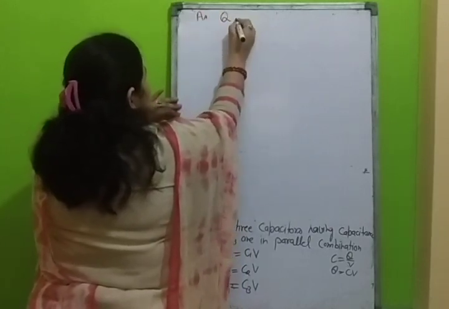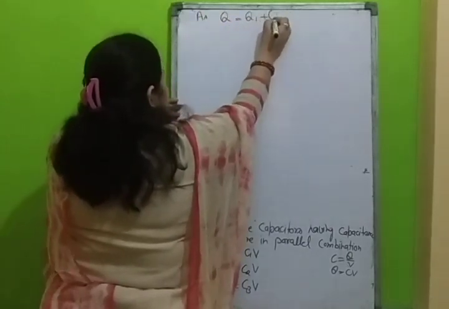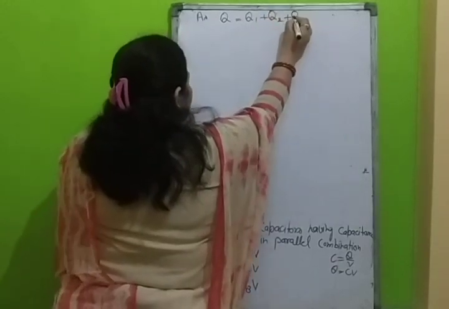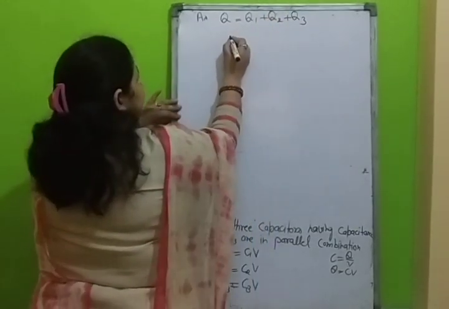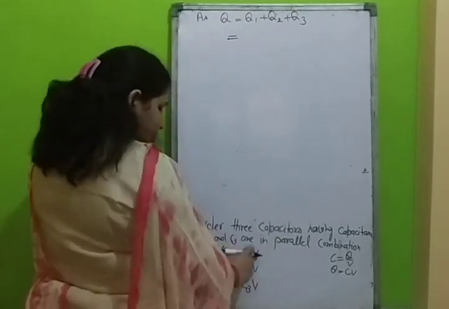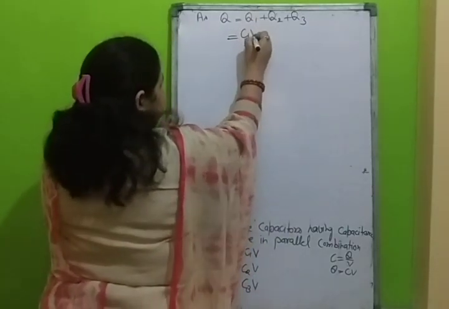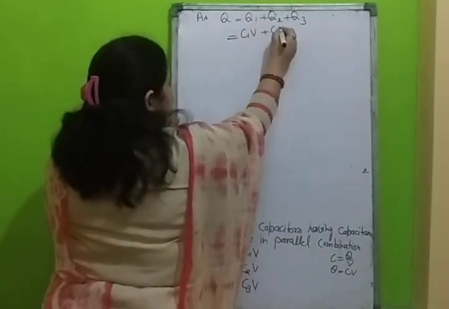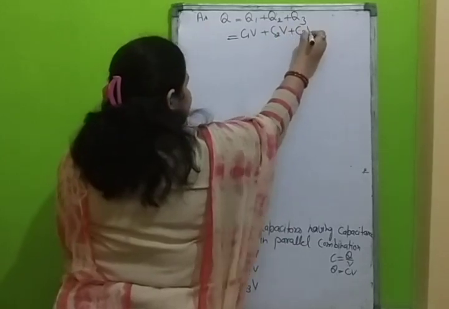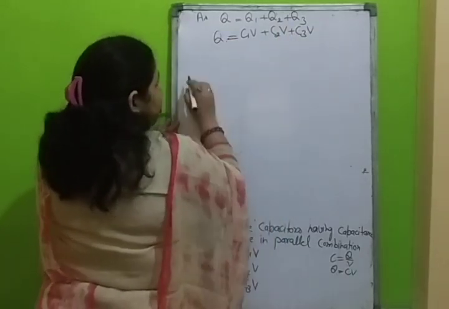As Q is equal to Q1 plus Q2 plus Q3, then Q is equal to C1V plus C2V plus C3V. Let us call this equation 1.